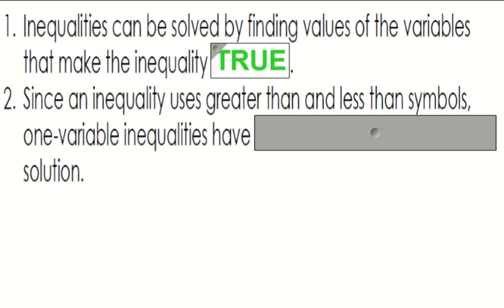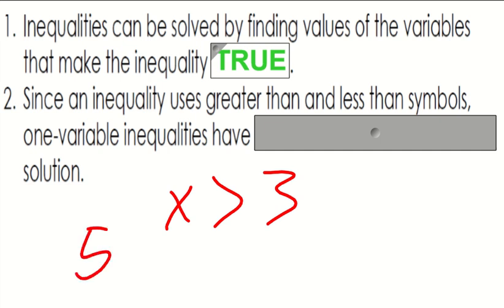Inequalities can be solved by finding values of the variables that make the inequality true. If I have an inequality, and like we said before, we had x and 3. All right? If x equals 5, I would have 5 is greater than 3.